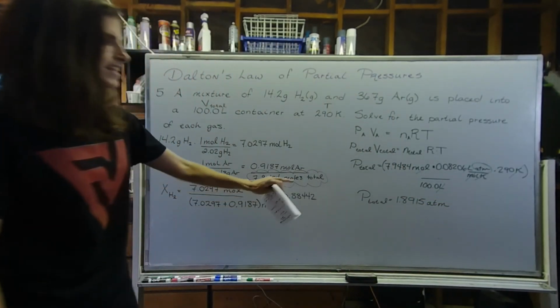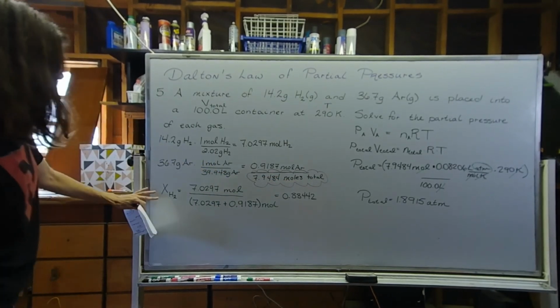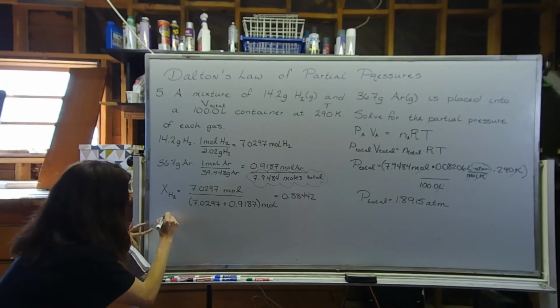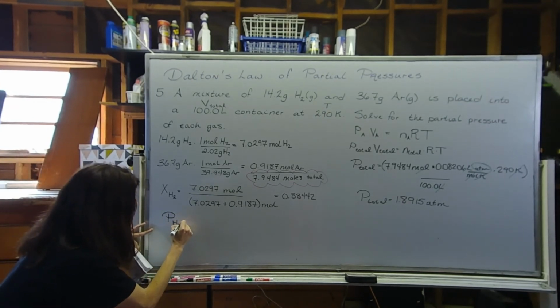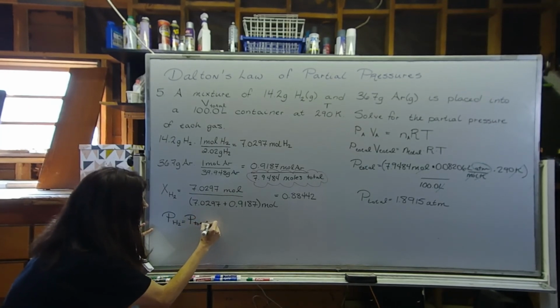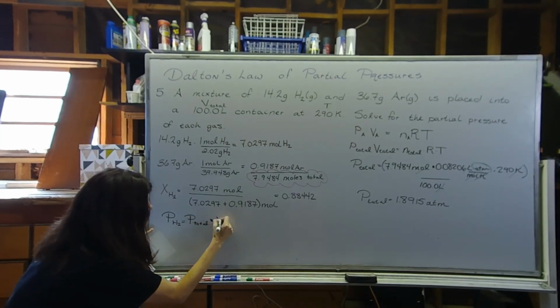At this point, I can take that value and use the relationship with partial pressure. So we know that the partial pressure of hydrogen gas is going to equal the total pressure times the mole fraction of hydrogen gas.